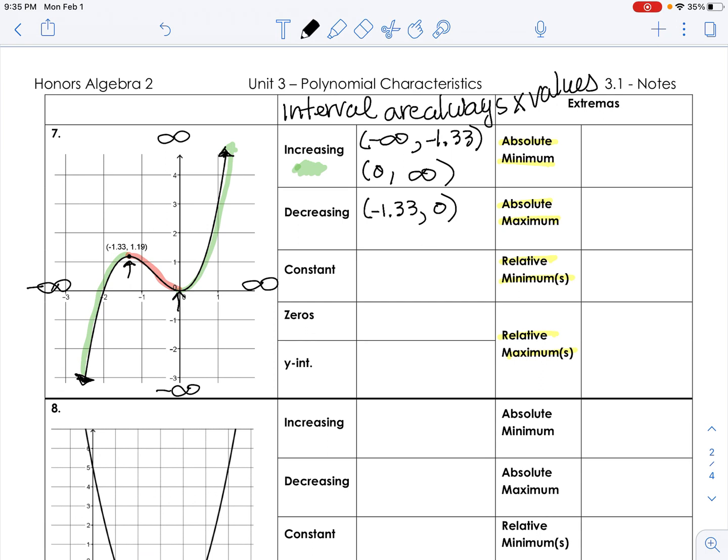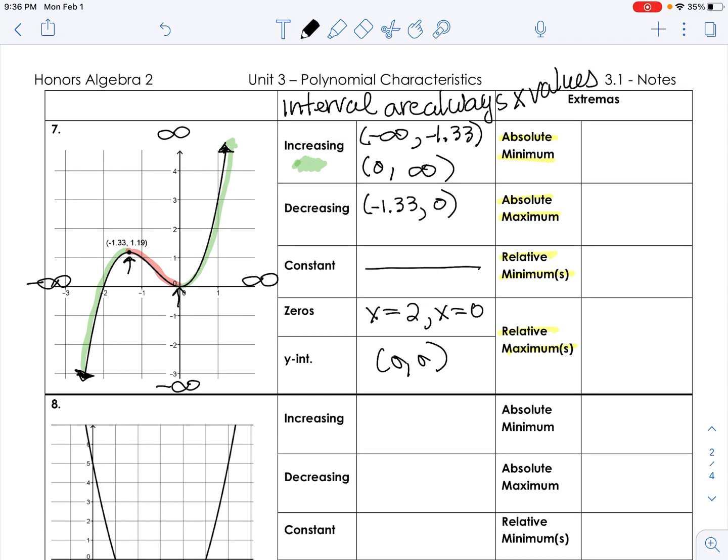Because again, we are describing x values, okay? Where's the graph constant? Nowhere. Where are the zeros? Well, the zeros are at x equals 2 and x equals 0, and the y-intercept is at 0, 0. So now let's talk about these words over in the extremas side of our chart.